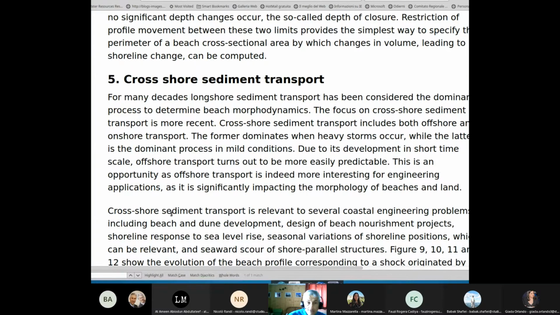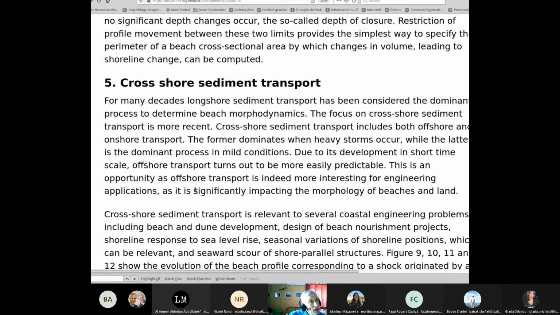And one important difference is that the cross-shore sediment transport is very impactful during storm events. So typically, the cross-shore dynamics is driven by extreme events. And it is, for this reason, very much changing depending on seasonality.